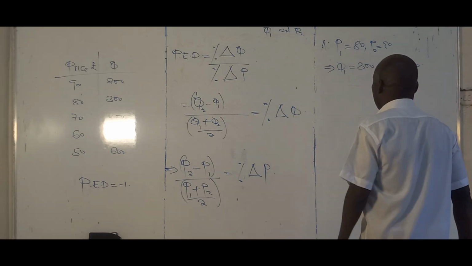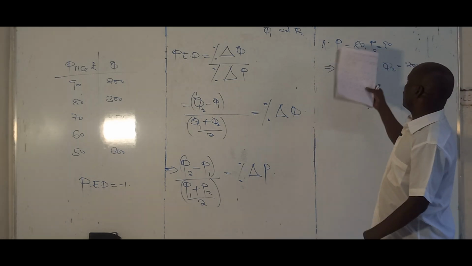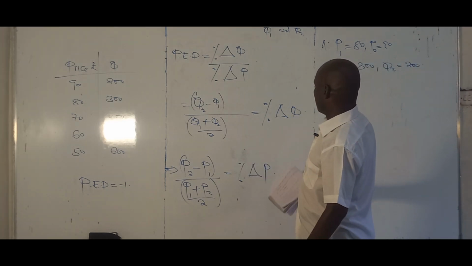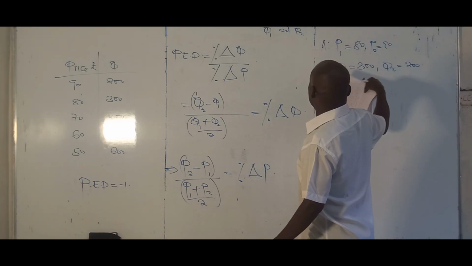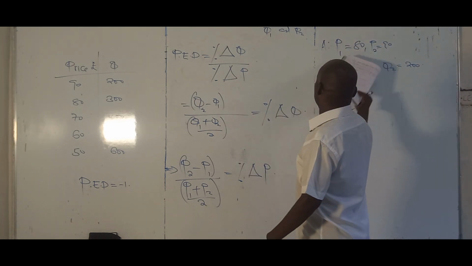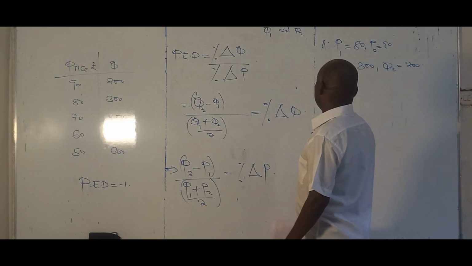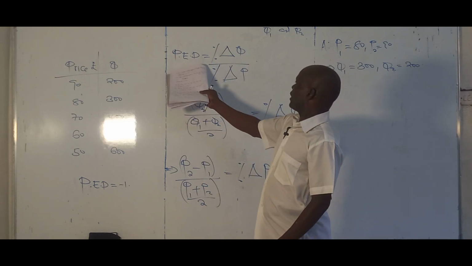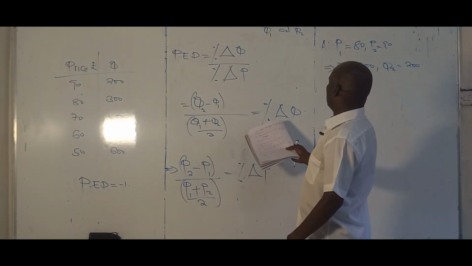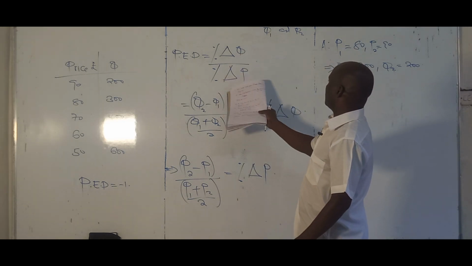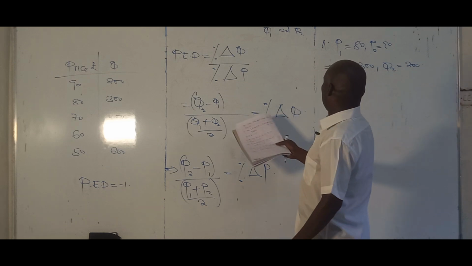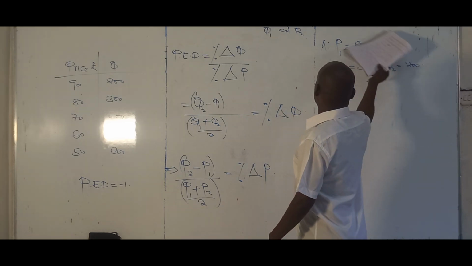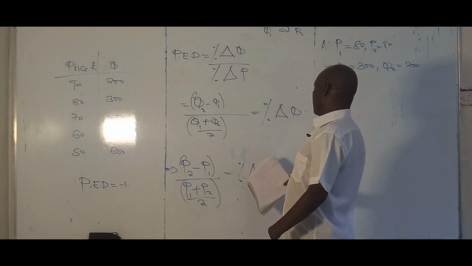If you have all these P1, P2, Q1, Q2, you just substitute them here. You first substitute the Q values here, then the P values here, and then divide them. That's why I said price elasticity of demand becomes percentage change in quantity over percentage change in price. If I take Q values, that gives me percentage change in quantity, and if I take these P values and substitute here, I get percentage change in price.